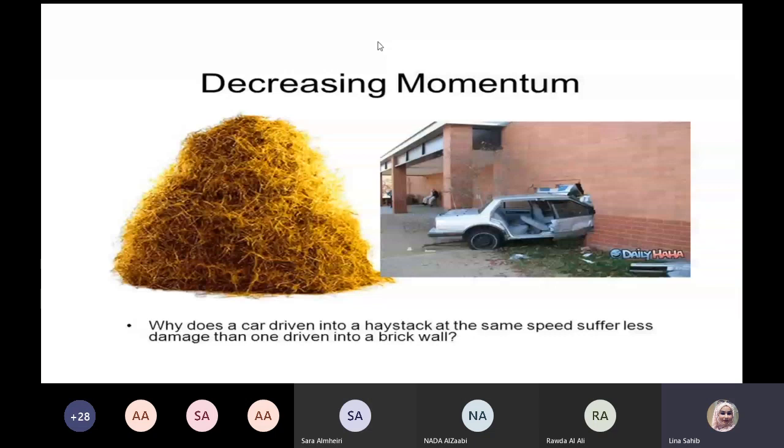See here, I have a question. Wait a minute. Why does a car driven into a haystack at the same speed suffer less damage than the one driven into a brick wall?